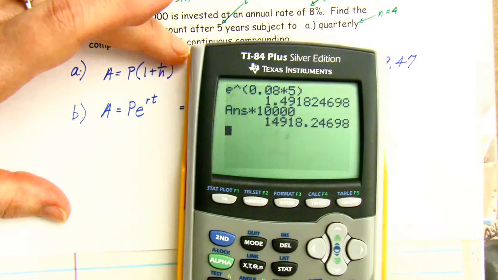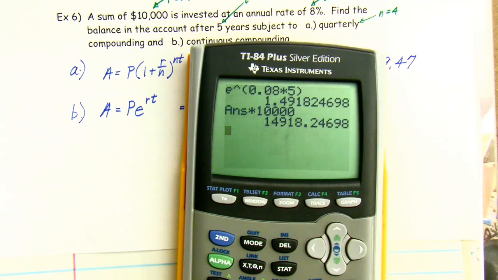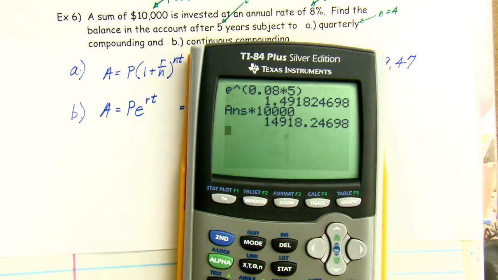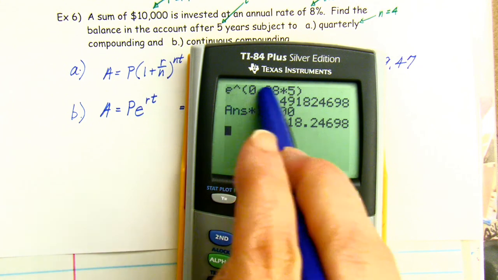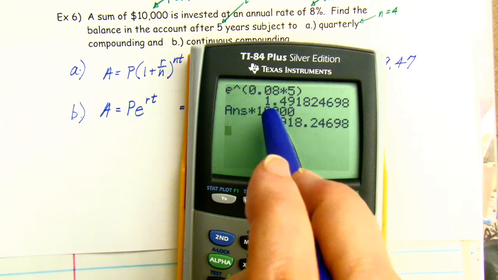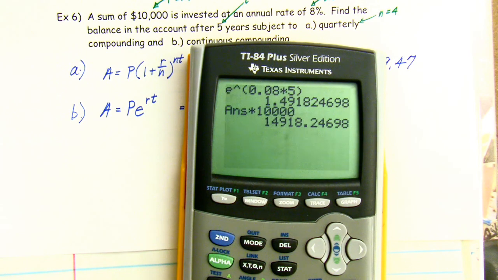And here is my result. I did E to the that multiplied with that as my exponent. Got this result. And I took the result and multiplied it by 10,000. You should have gotten $14,918.25.